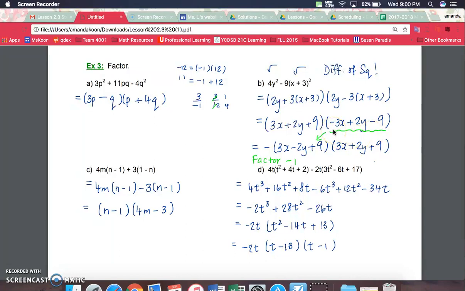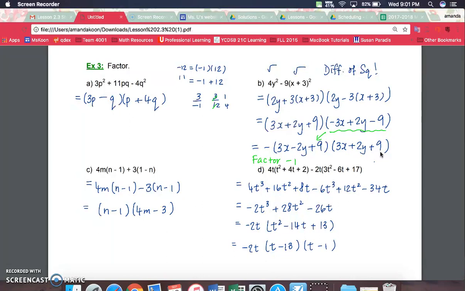For good form, we prefer not to have any leading coefficient that is negative. So I'm going to factor out the negative sign from negative 3x in your second brackets. So when I do that, the negative sign goes outside, and then we just switch signs: 3x, negative 2y, plus 9. And then here is just 3x plus 2y plus 9 from the last line.